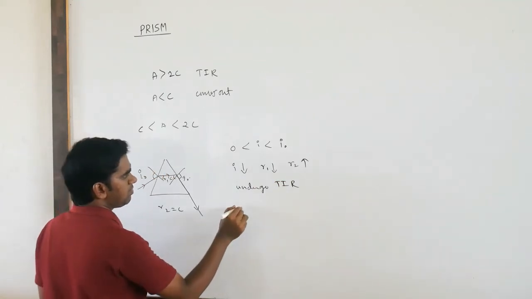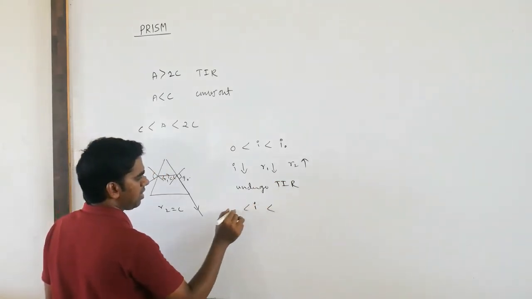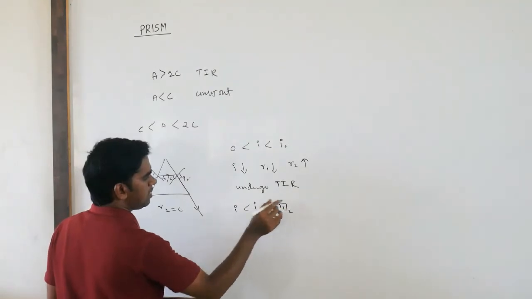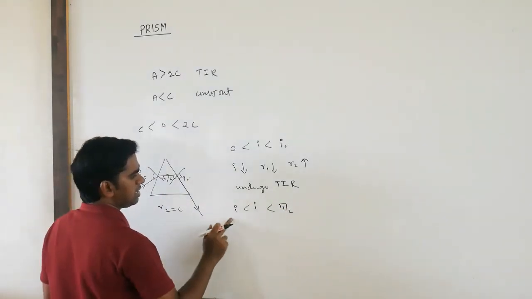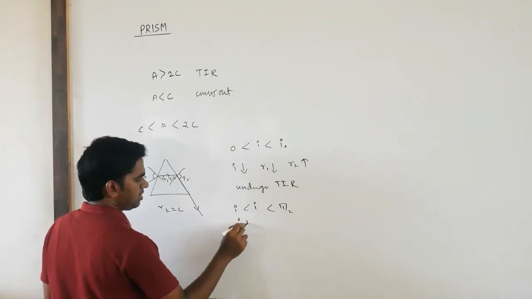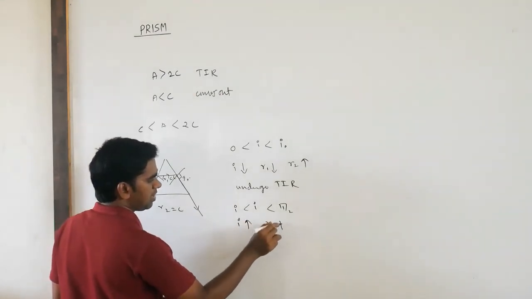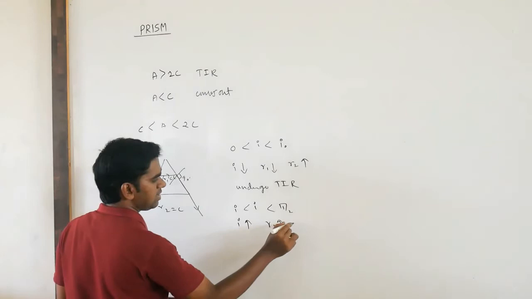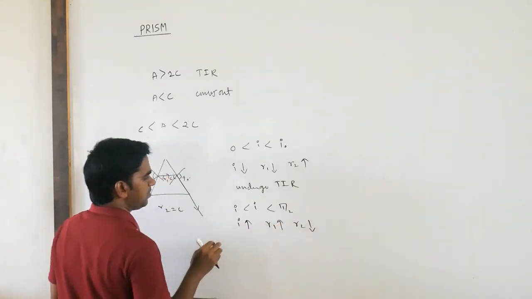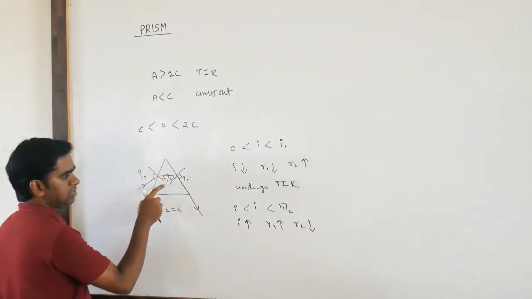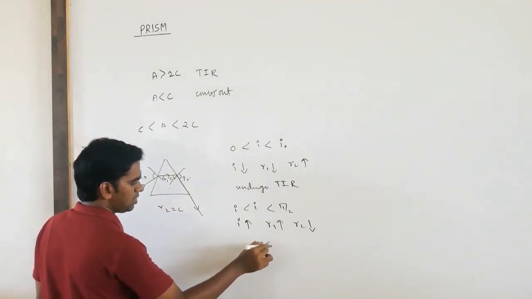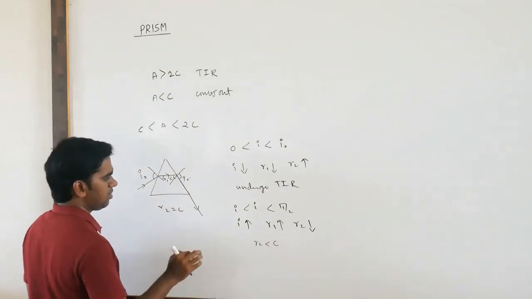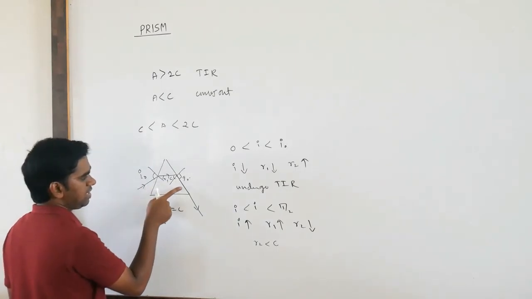Instead, if I is between I0 and pi by 2, now I is increasing from I0. If I is increasing, R1 will also increase. If R1 is increasing, R2 is decreasing, that means R2 is coming below the critical angle.